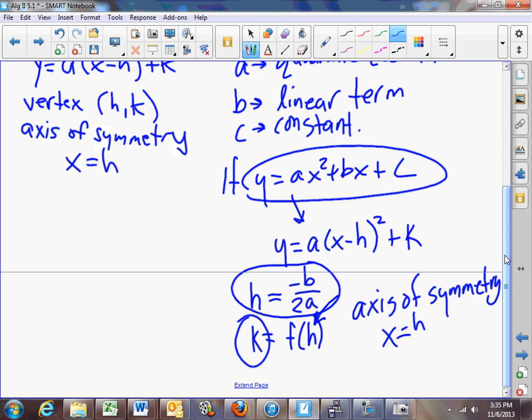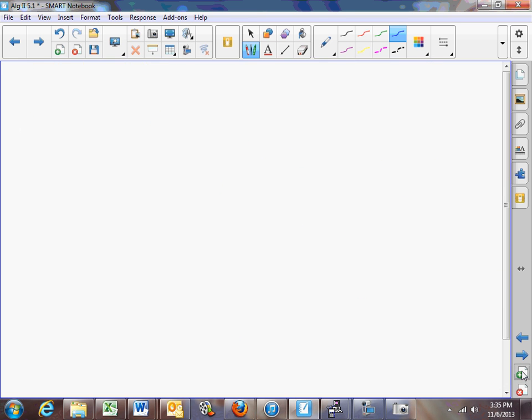Now, if you're asked to graph a quadratic function in ax squared plus bx plus c form, the method is going to be something like this. First of all, let's go to a new page here.